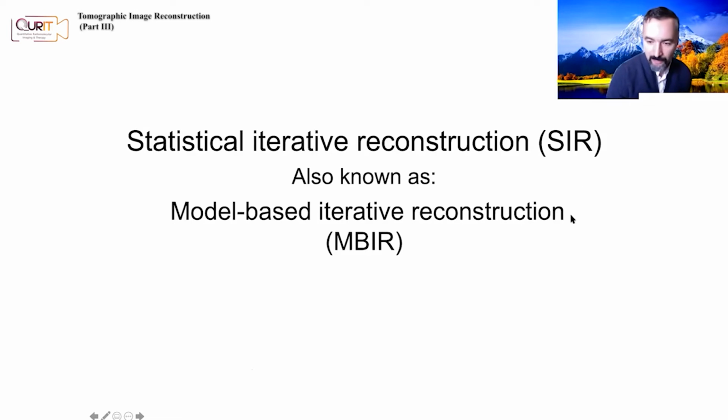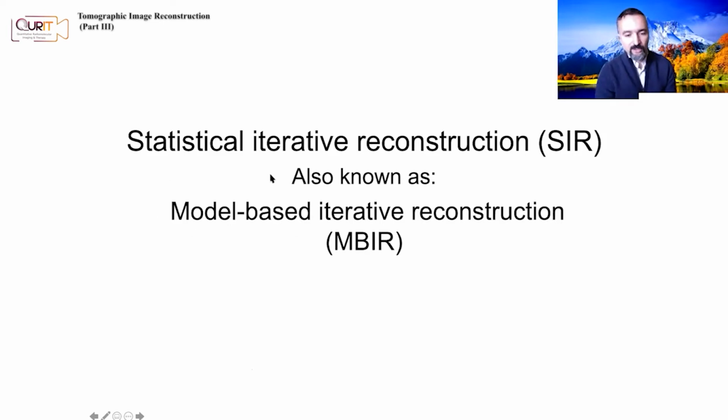So let's move back to statistical iterative reconstruction. The Reblur Vansittart was an example of that. These kinds of approaches are referred to as statistical iterative, or sometimes model-based iterative reconstruction, where you're modeling the noise.